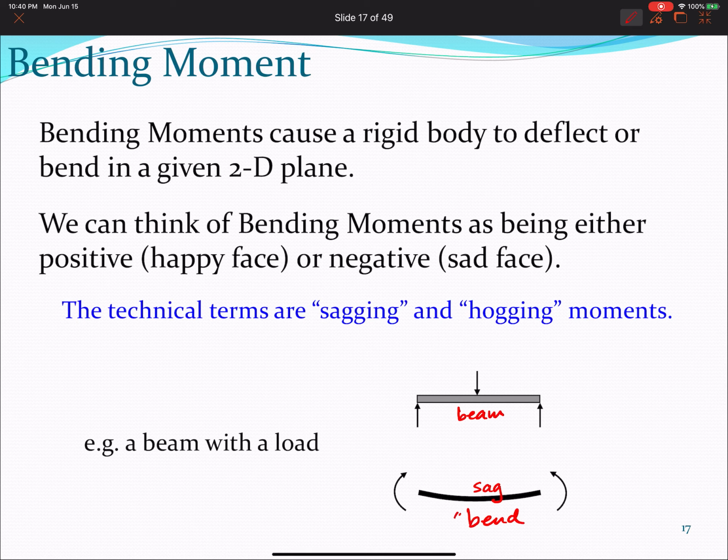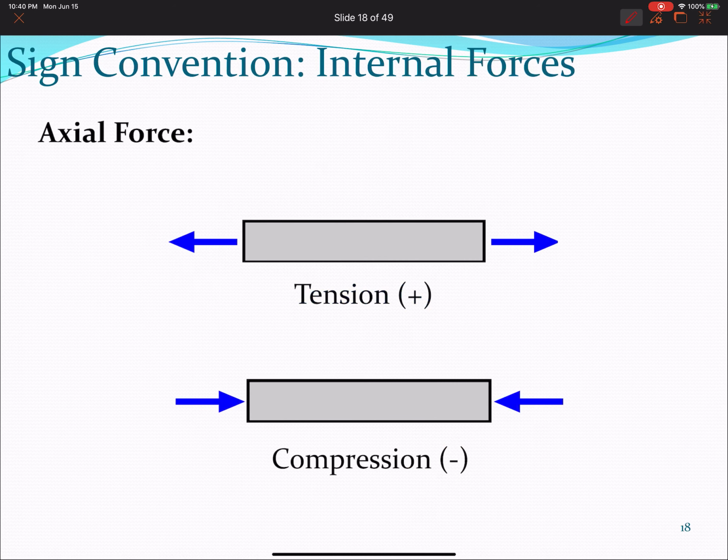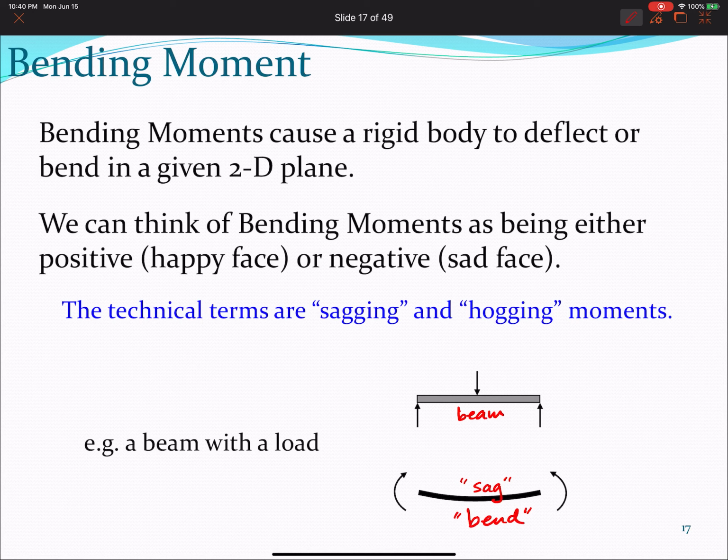Bending moments make things bend or sag. Depending on the sign, you could have deformation in the other direction. For example, this is a sagging moment. This is a hogging moment.